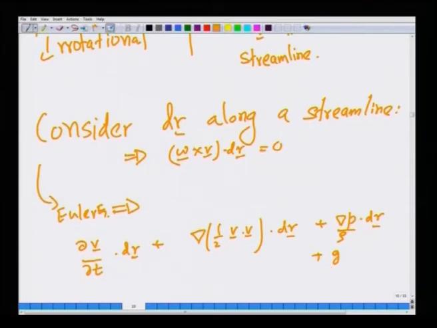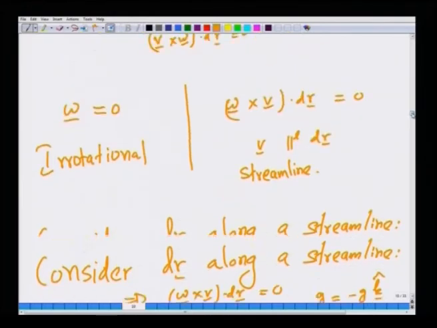Now, let us take the acceleration due to gravity vector in the direction of minus z. So, let us write this as g times k, the unit vector in the k direction. So, you have the acceleration due to gravity.